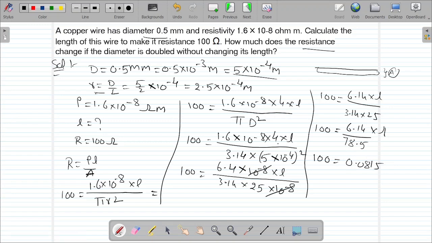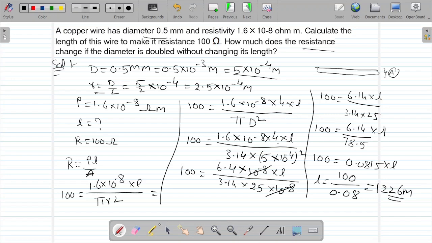Okay. So if you simplify this into L, so L equal to 100 by 0.08. So 0.08 it will be approximately 1226 meters. Okay, so this is the length.